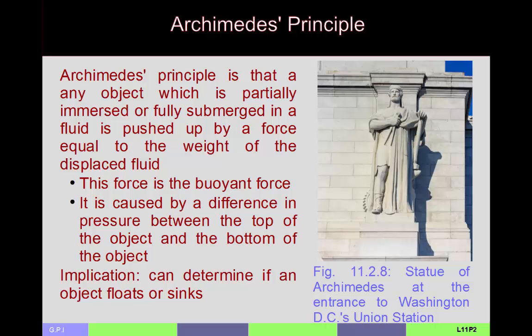And that displaced fluid is going to result in an upward buoyant force which acts upon the object. That buoyant force is caused by a difference in the pressure between the top of the object and the bottom of the object. And specifically, the amount of buoyant force is going to be equal to the weight of the fluid which has been displaced.